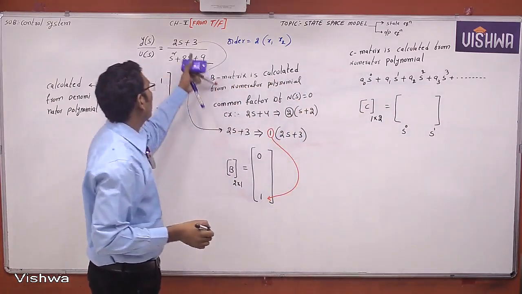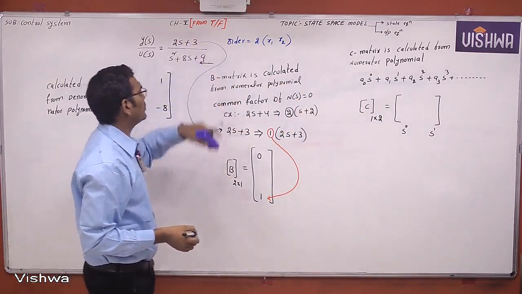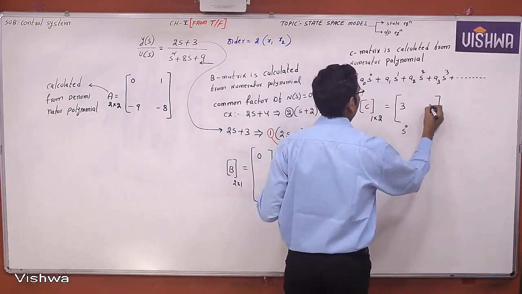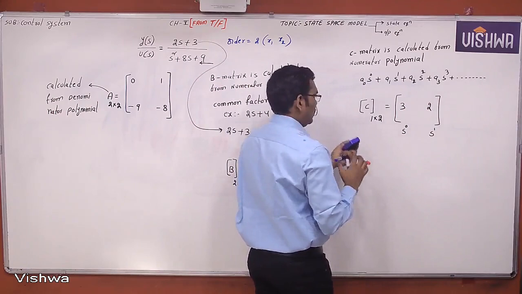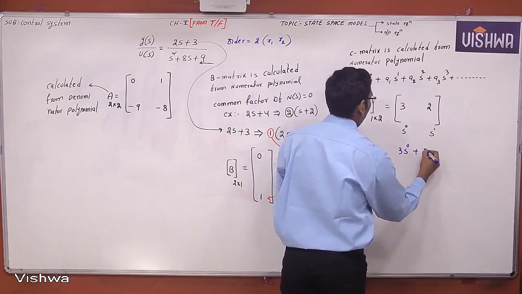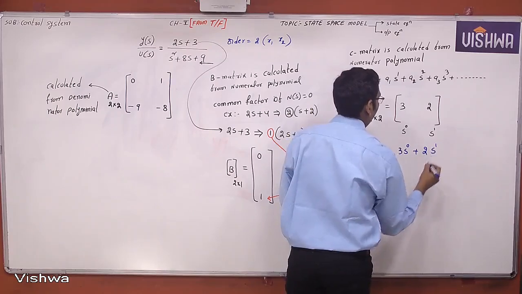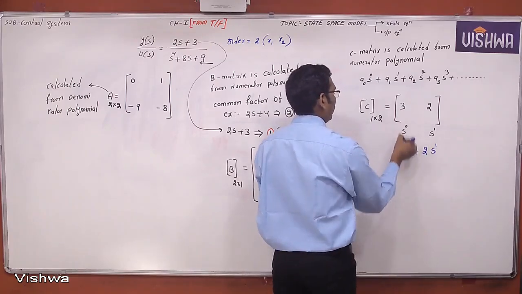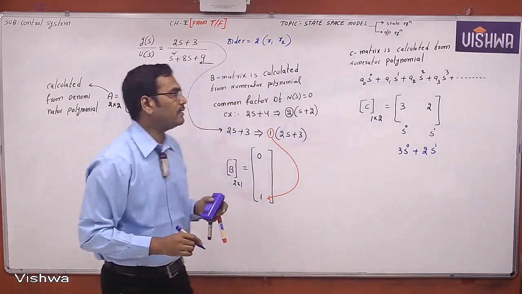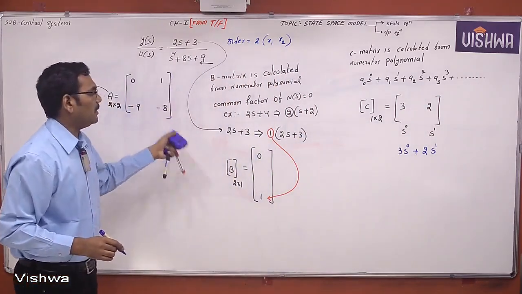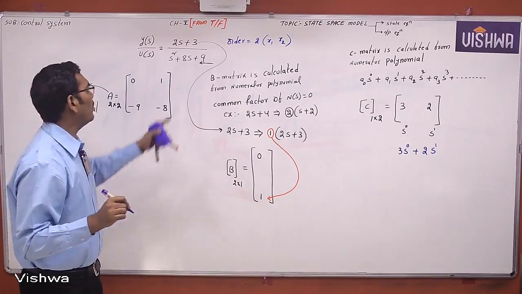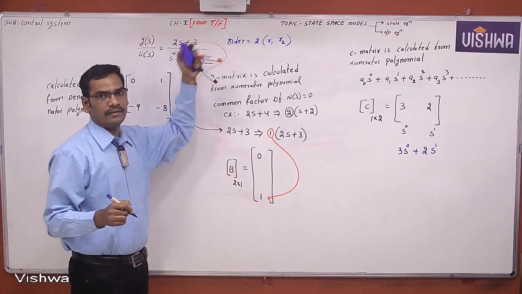The s power 0 quotient is 3 and the s power 1 quotient is 2, because this is nothing but 3 into s power 0 plus 2 into s power 1. This is the way you can write the A, B, C matrices, the state space model in controllable canonical form, if the transfer function is given. Okay, note down.